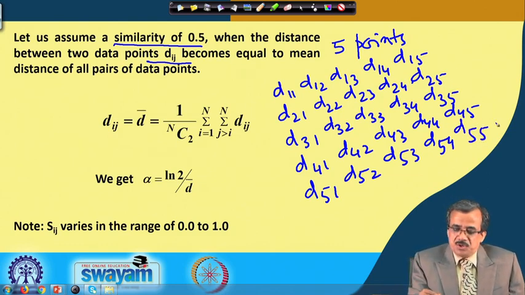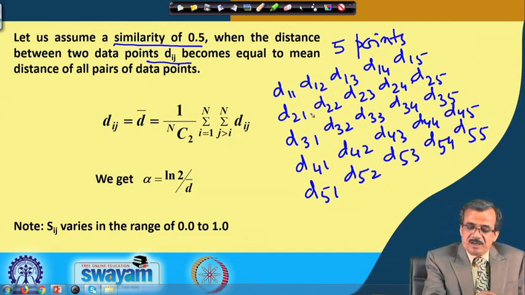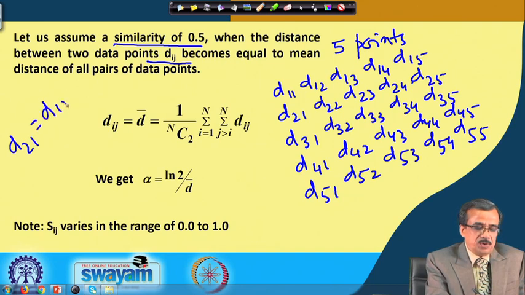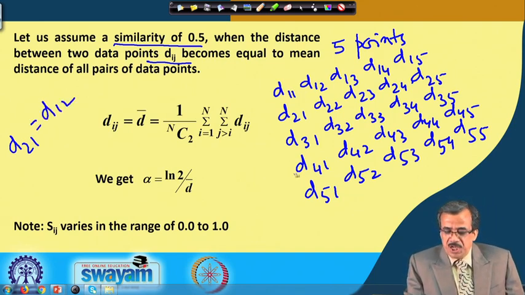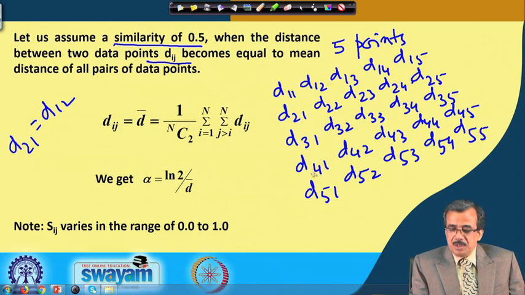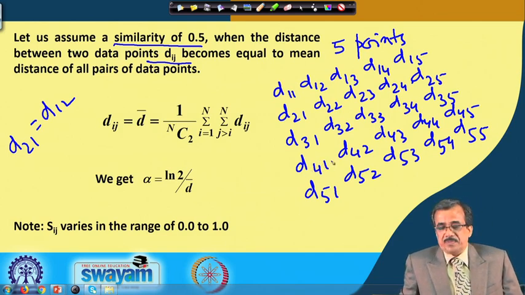Now, d 12 means what? That is the distance between 1 and 2, and d 21 is the distance between 2 and 1. So, we assume that d 21 is equal to d 12. Similarly, d 41 is equal to d 14, and so on.